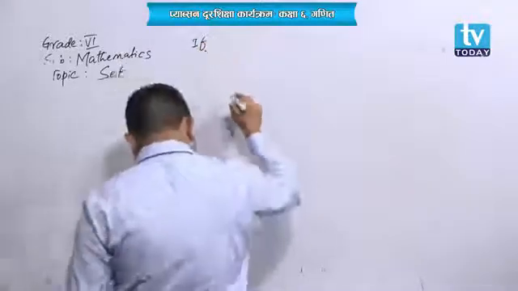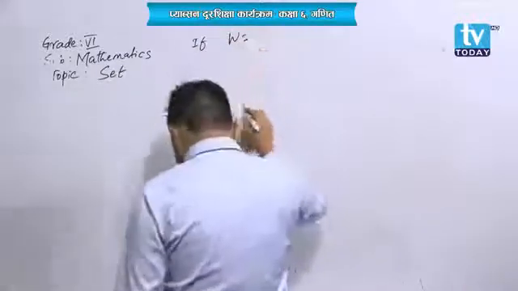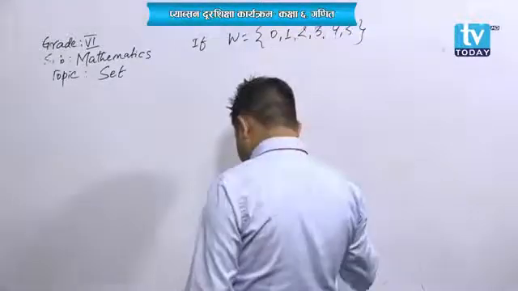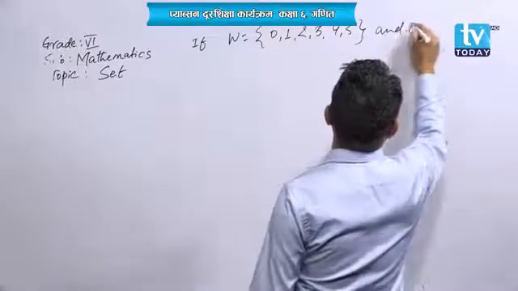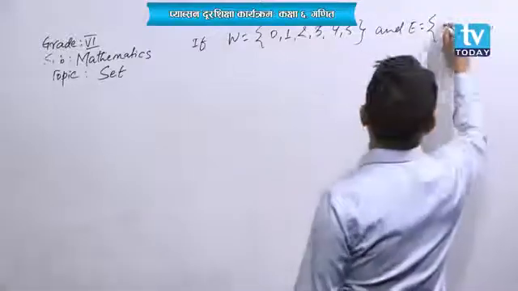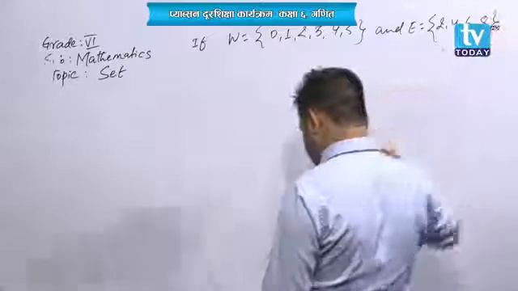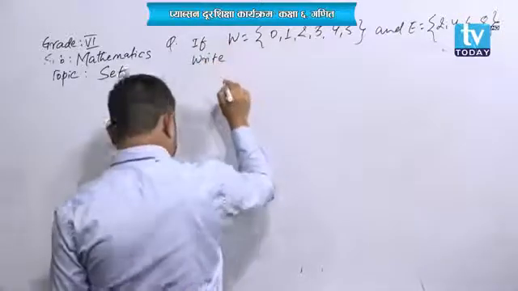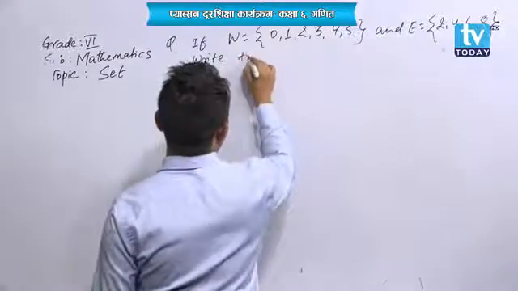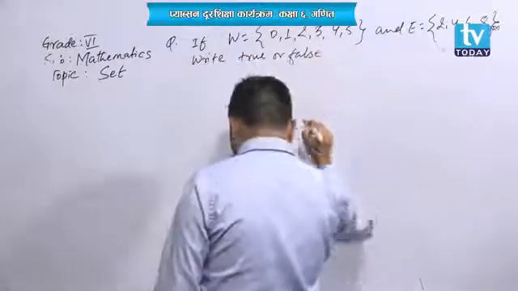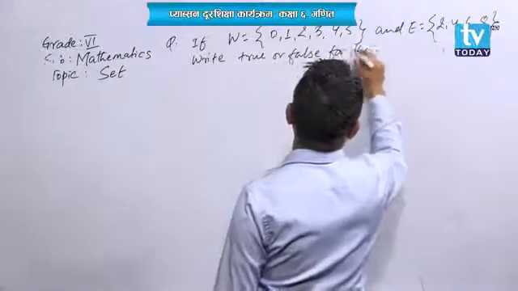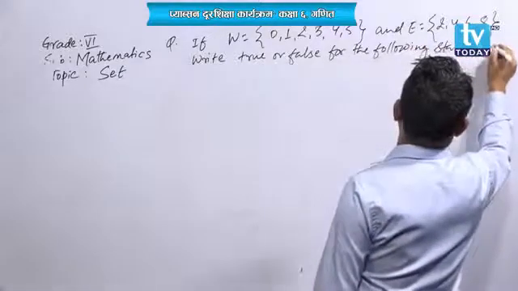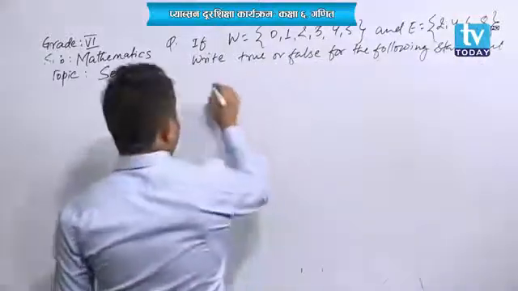Now let me write some questions. If the set W equals 0 1 2 3 4 5 and E equals 2 4 6 8, write true or false for the following statements.